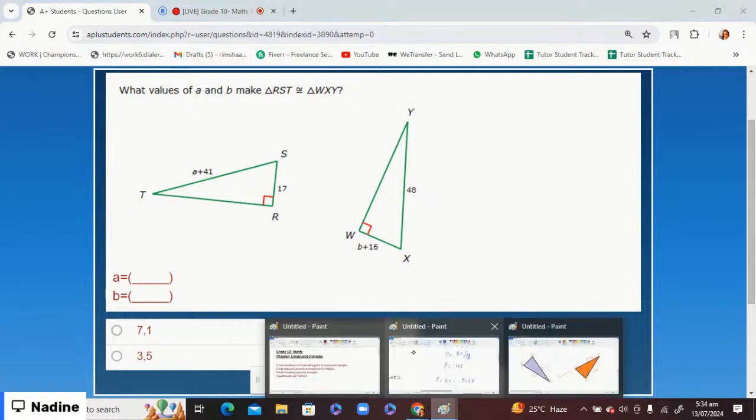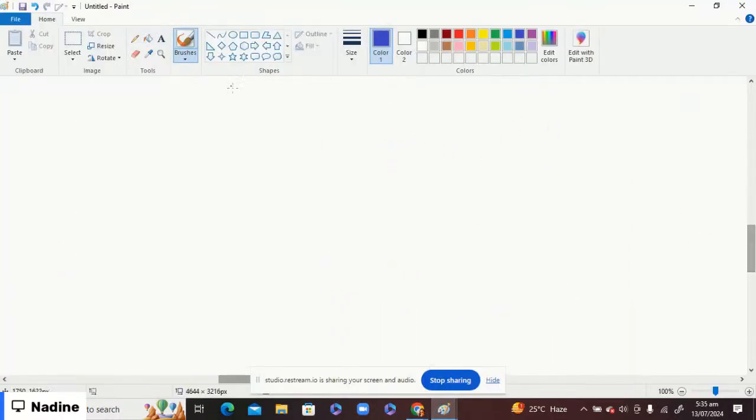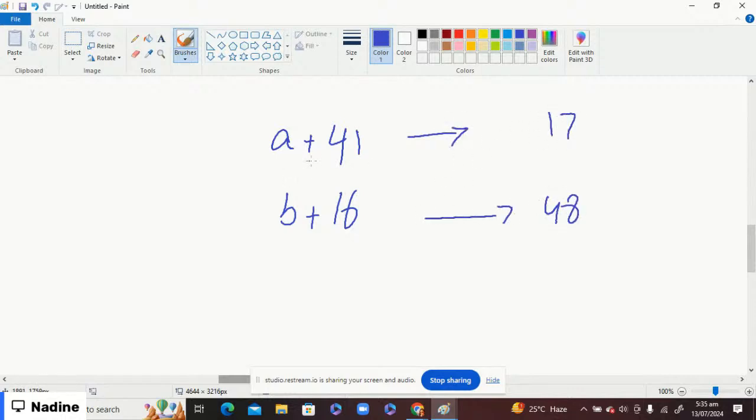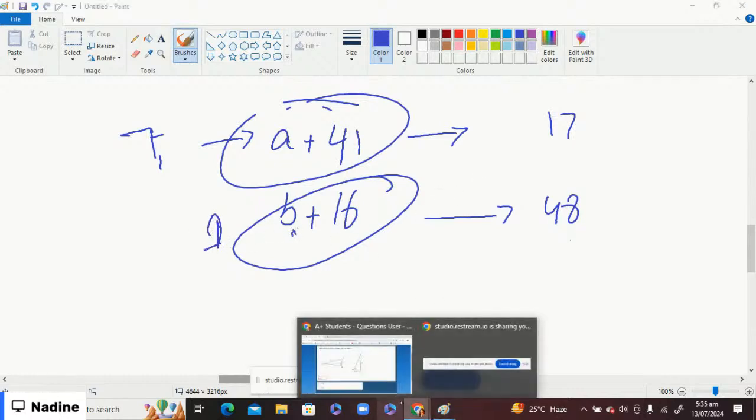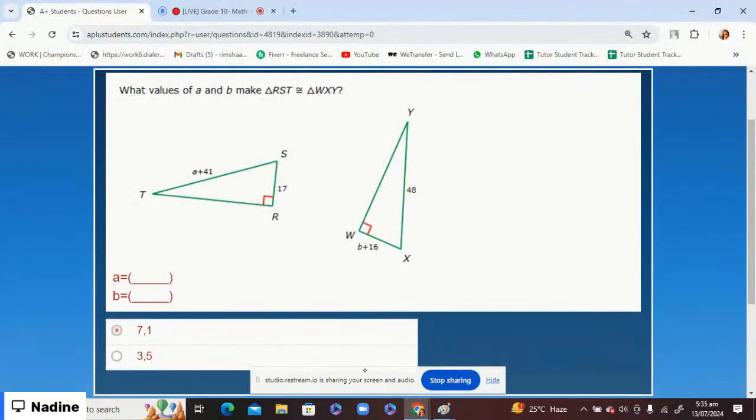Look, the A side is A plus 41 and your B side is B plus 16. Here one side length is 17, here one side length is 48. So we can make this 48 and this 17. How? In place of A put 7. 7 plus 41 is 48. In place of B put 1. 1 plus 16 is 17. So the answer we're going to put is 7 and 1. Okay.